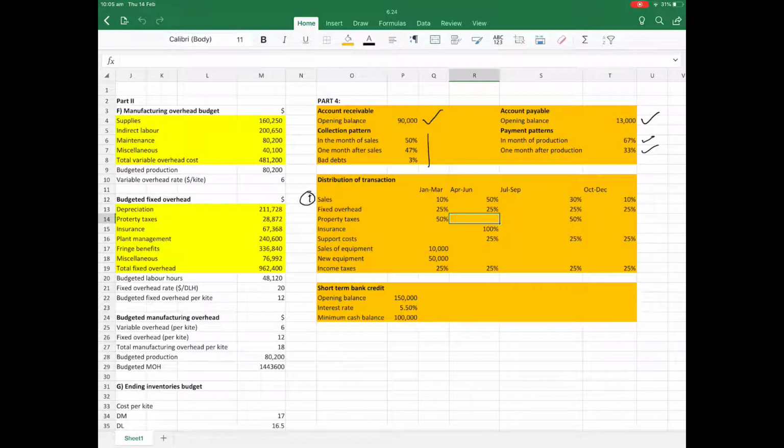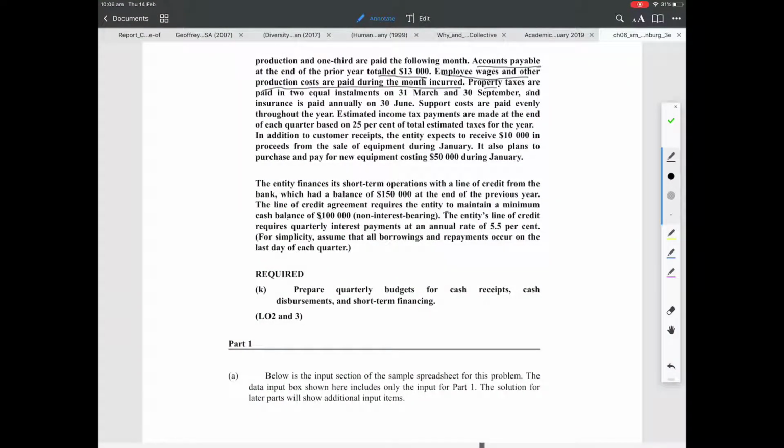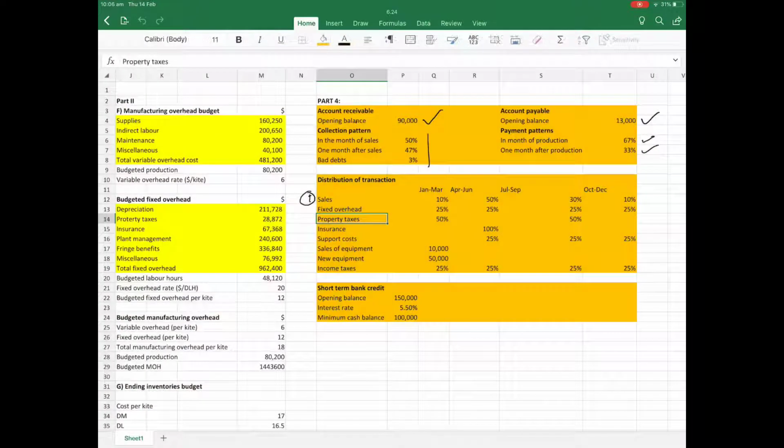The next part is the property tax. They say the property tax is paid in 2 equal installments in the first quarter and the third quarter, and the insurance is paid 100% in the second quarter. So we transfer this information here. The property tax is 50% paid in the first quarter and 50% paid in the third quarter.